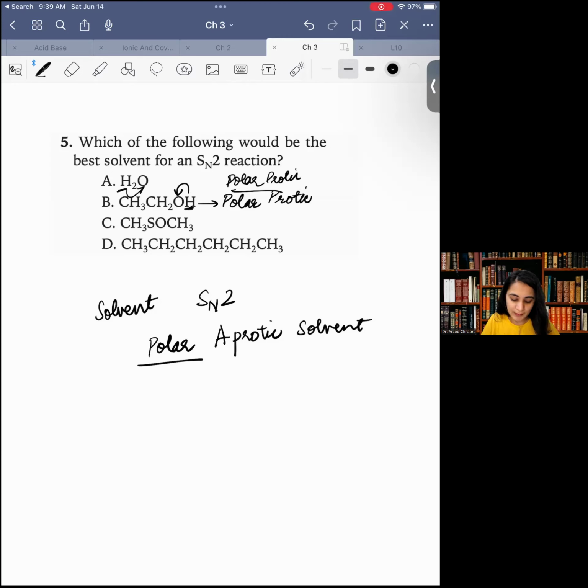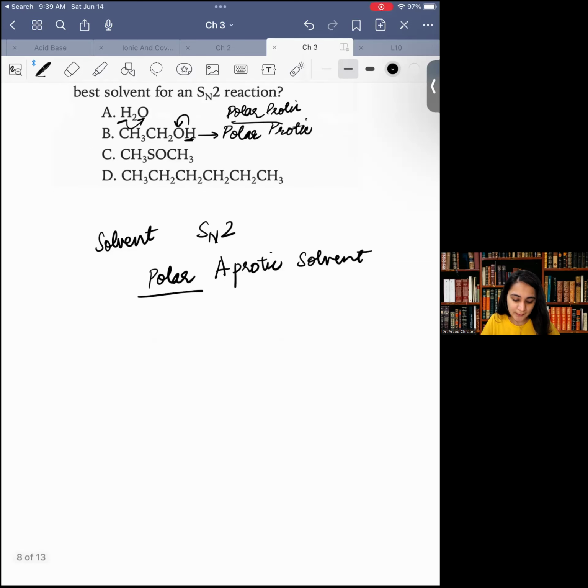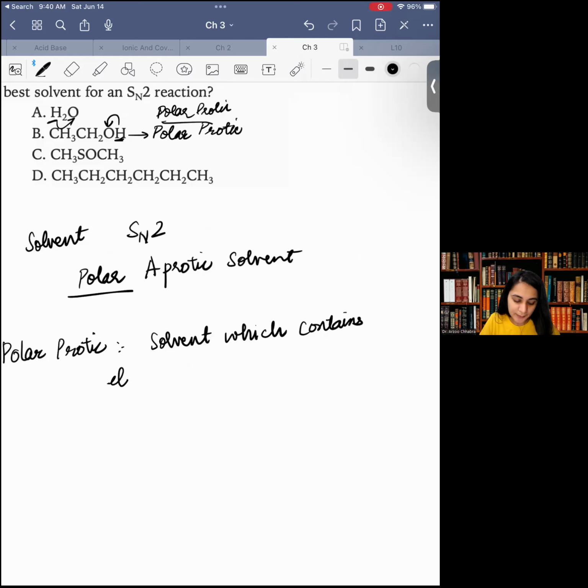That is the definition. Maybe I'm going to write the definition here: a polar protic solvent is a solvent which contains hydrogen on an electronegative atom.